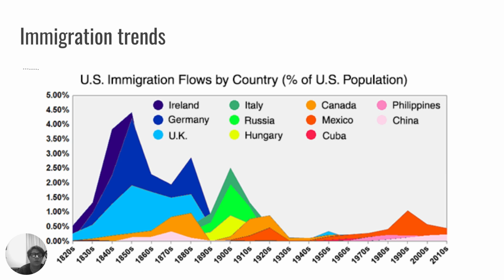Right here are the new immigrants, Italy, Russia, Hungary, they are going to go down here, when we start to do the immigration restriction. And all through the 30s, 40s, and even up until the 1960s, we have very limited immigration. So these quota acts are successful, and we curb immigration.